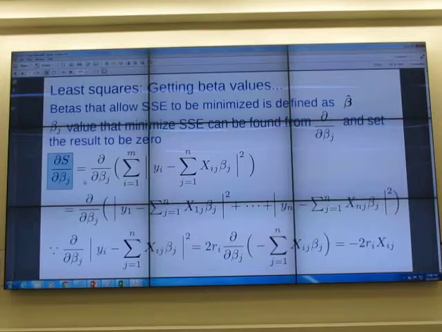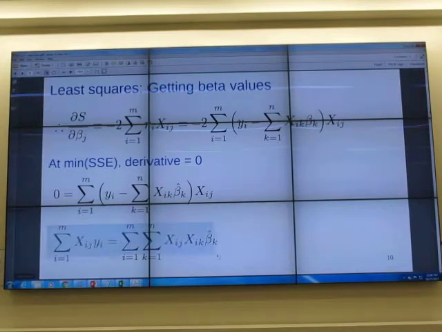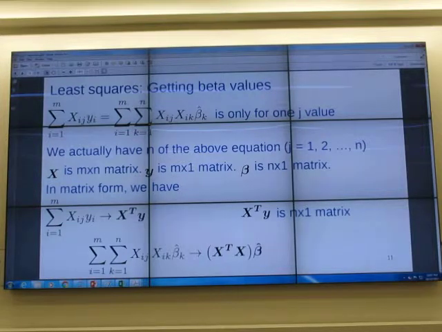We need to find beta 1, beta 2, beta 3, beta 4, beta 5, beta 6. So we have to repeat this process. That's just one, but we have n of them because we have n coefficients. So we actually have n of the above equation, j equal to 1 to n.